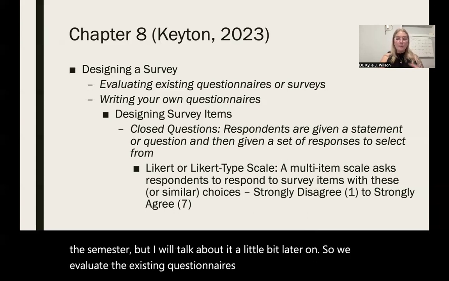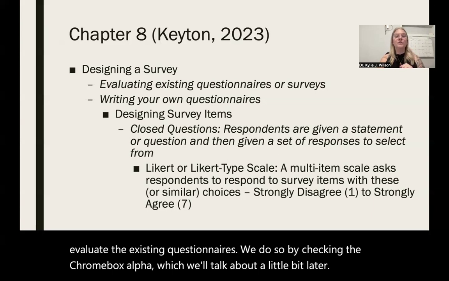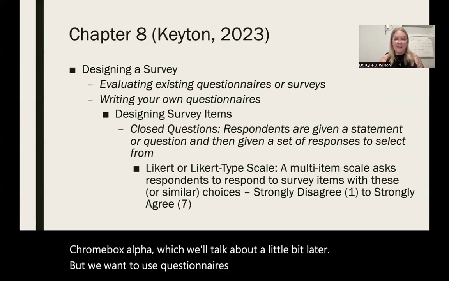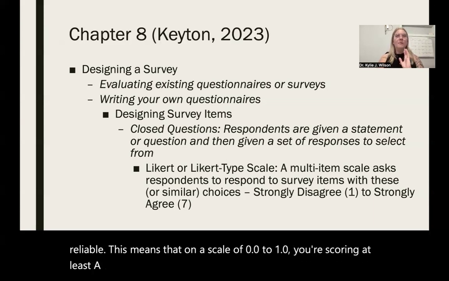So we evaluate the existing questionnaires. We do so by checking the Cronbach's alpha, which we'll talk about a little bit later. But we want to use questionnaires that are already validated and reliable. This means that on a scale of 0.0 to 1.0, you're scoring at least a 0.7, but not scoring over, I would say probably a 0.9.